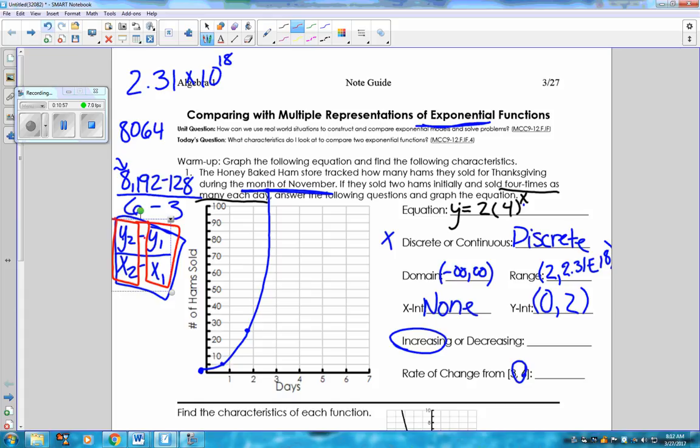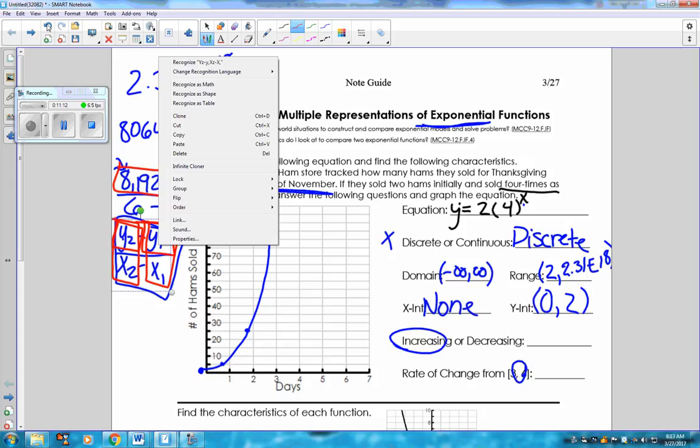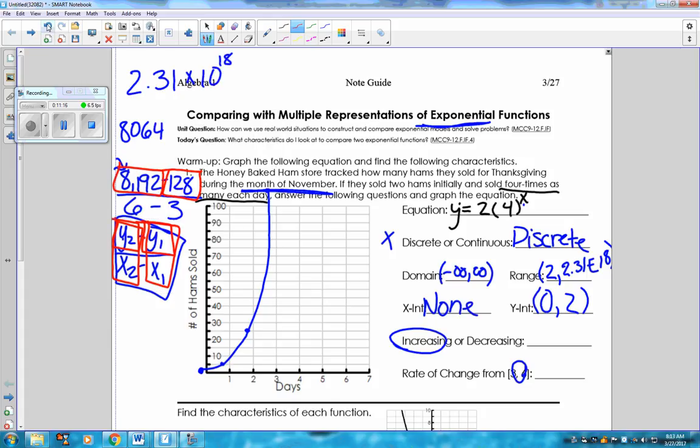We plug in whatever we found for this in here, and what we found for this here. Plug in 3 for x into the formula. What'd you get? 128, right? So I plugged in 128, because 128 is y1.